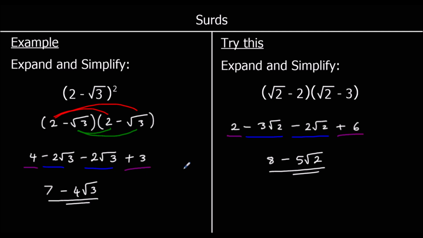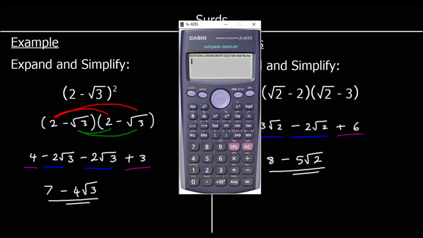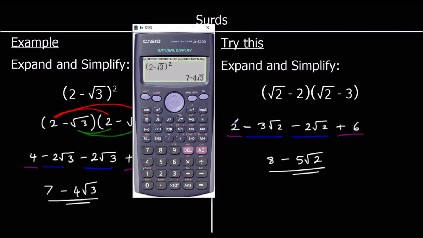And I'll show you on the calculator quickly that if you want to simplify surds, the calculator will do it for you. So the calculator, here's the first one. So the example, 7 minus 4 root 3. The calculator will simplify surds for you.